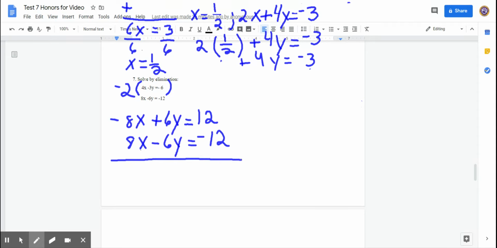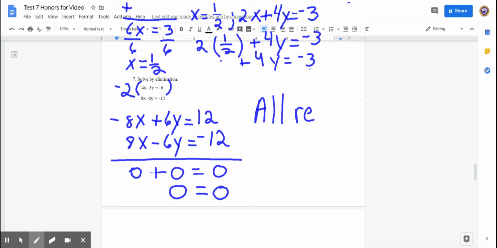And now most of you, if not all of you, are going to see that this is all going to cancel out. So we're going to have 0 plus 0 equals 0. Well, when does 0 equal 0? Always. So the answer is all real numbers.